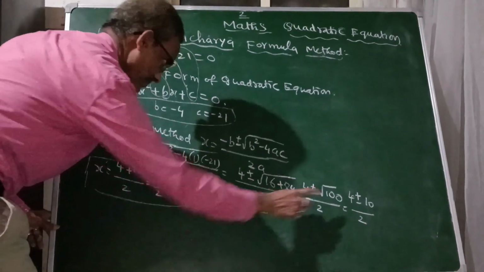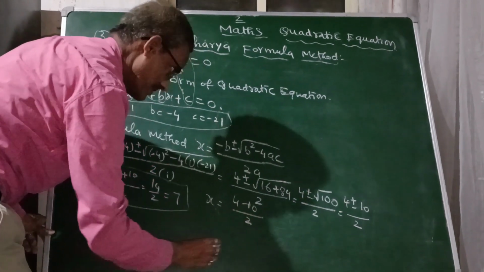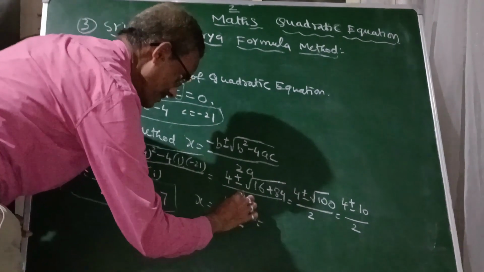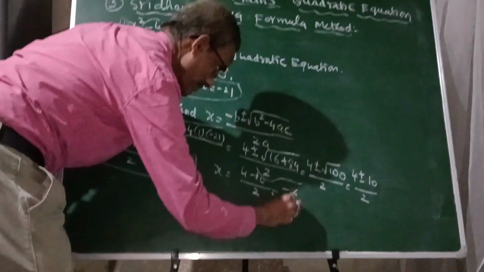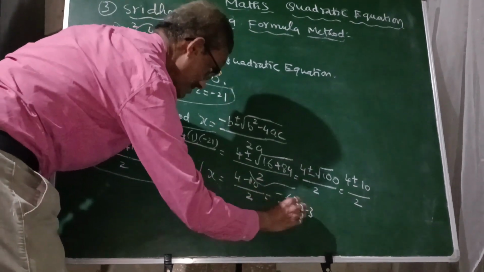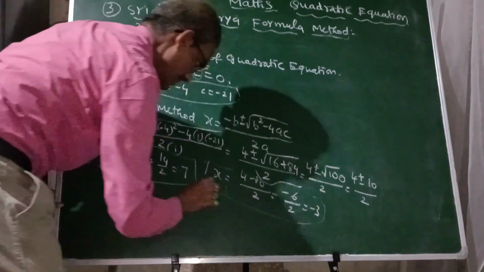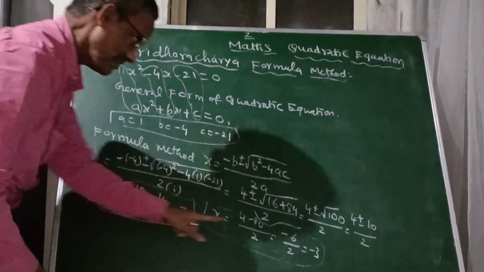Let us see: 4 - 10 divided by 2. Now 4 - 10 gives minus 6, divided by 2, you will get -3. Okay, so in the last method also we got the same -3. So we got the x value as 7 or -3.